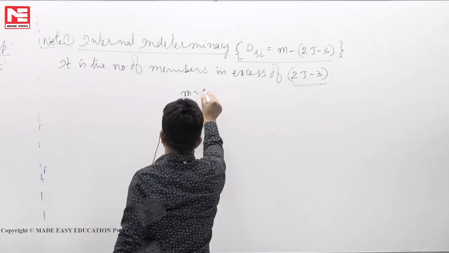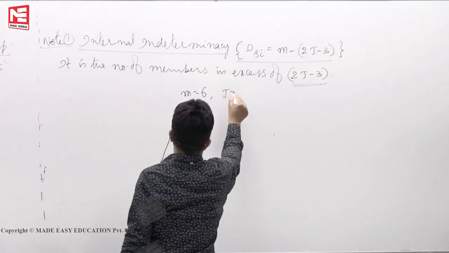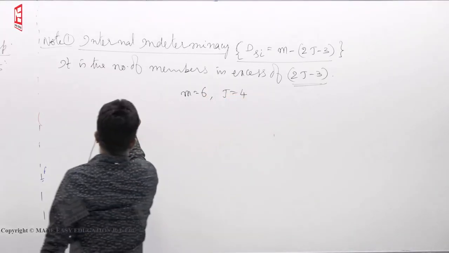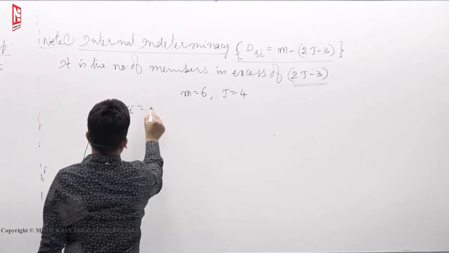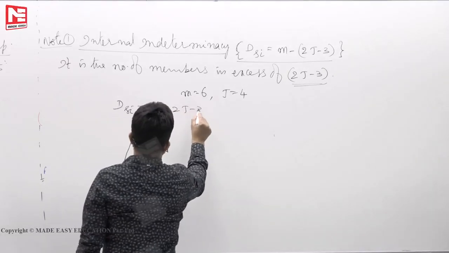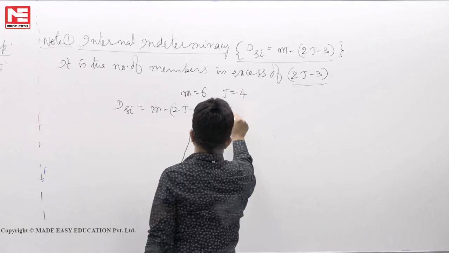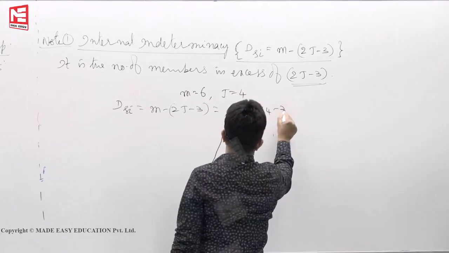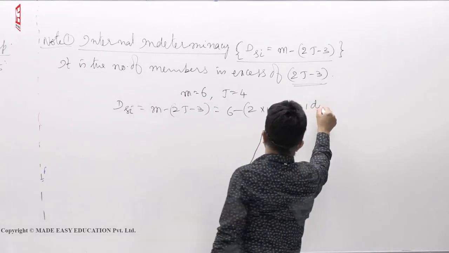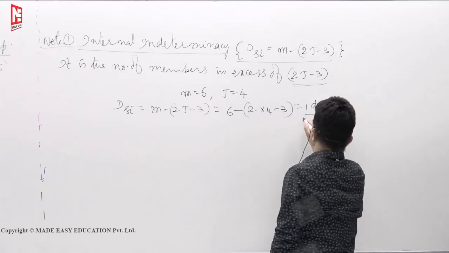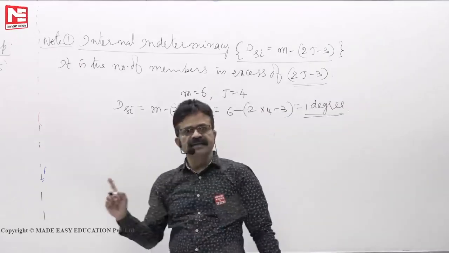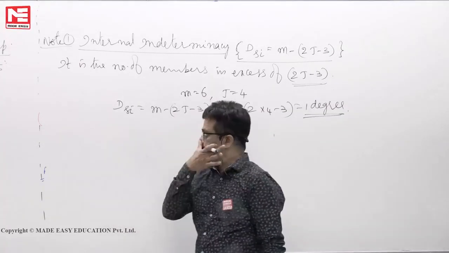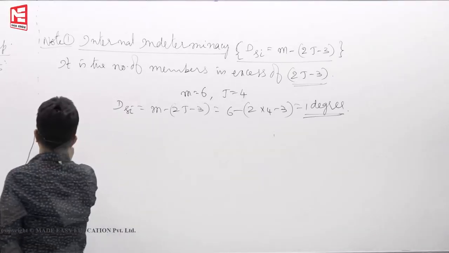Peripheral 4, diagonals 2, so 6. Number of joints are 4. So DSI you will get m minus (2j minus 3). So 6 minus (2 into 4 minus 3), you will get 1 degree. So it is internally indeterminate to 1 degree. That is the first observation.